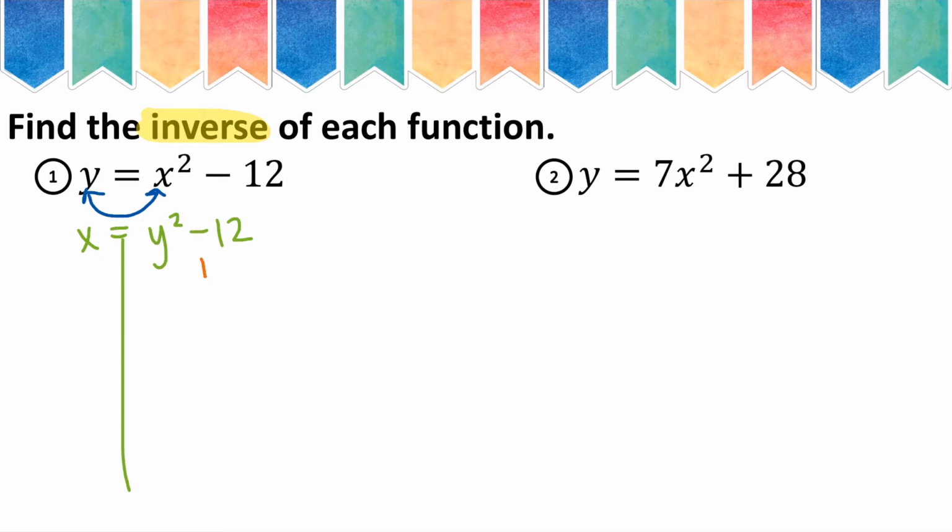So I will begin by adding 12 to both sides. The 12s will cancel, y squared will come down, and x plus 12 will also come down. Now, to finish getting the y by itself, I need to think about what the opposite of squared is. Well, the opposite of squared would be square root.